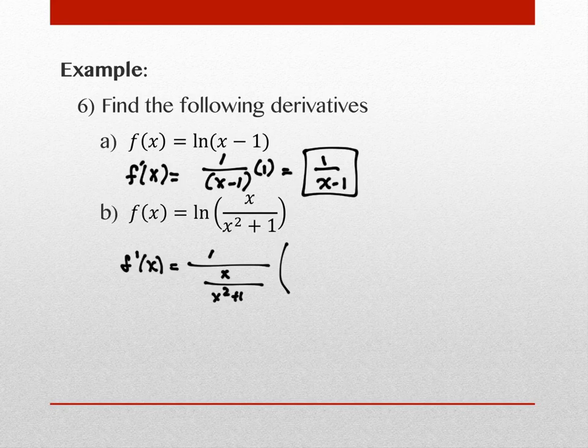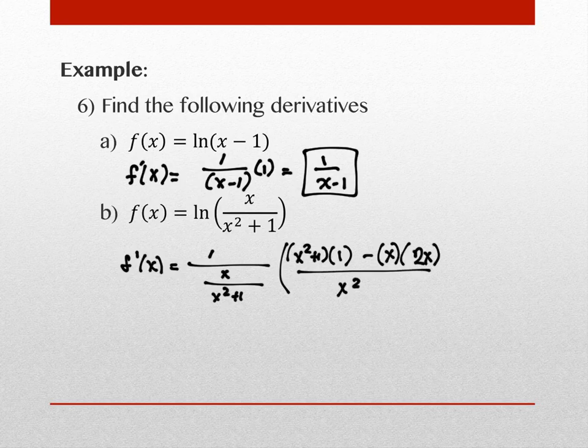What do I have to do to find the derivative of x over x squared plus 1? The word you're looking for is quotient. It's a quotient rule, right? Because it's division. Well, what's the quotient rule? Well, it's the denominator times the derivative of the numerator minus the numerator times the derivative of the denominator, which is 2x, over the denominator squared.